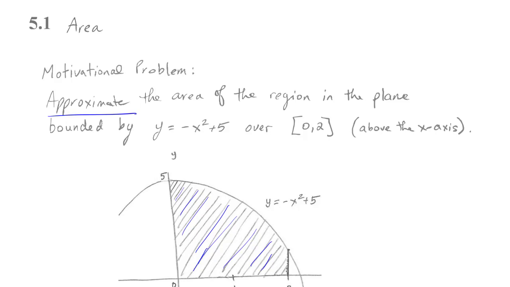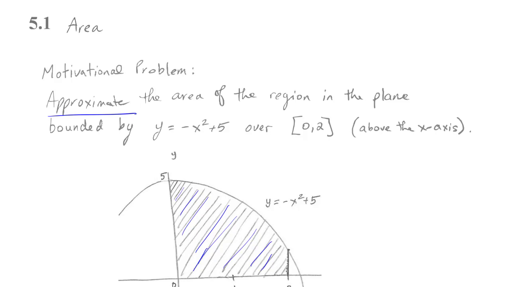The way that was originally looked at was a very simple way. What if we just approximated by using things that we're familiar with their area, like a rectangle? A rectangle is an easy thing to find the area of.